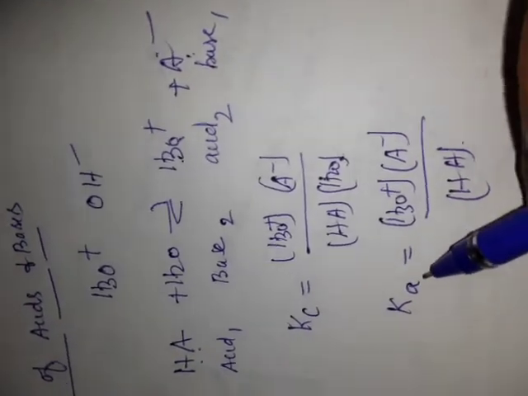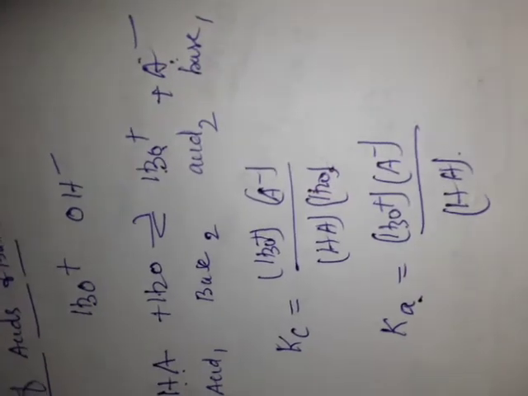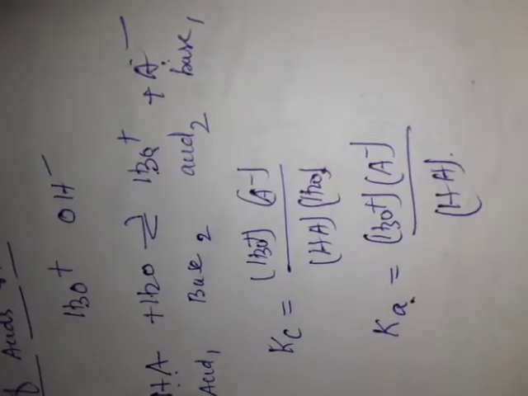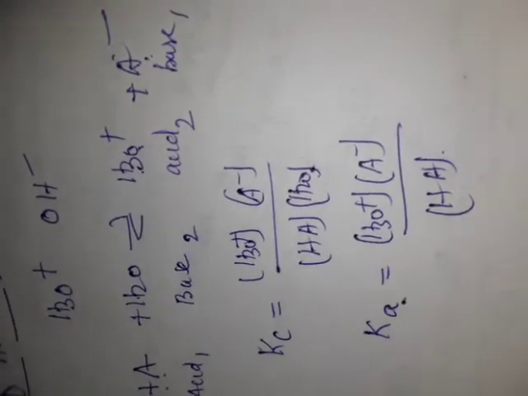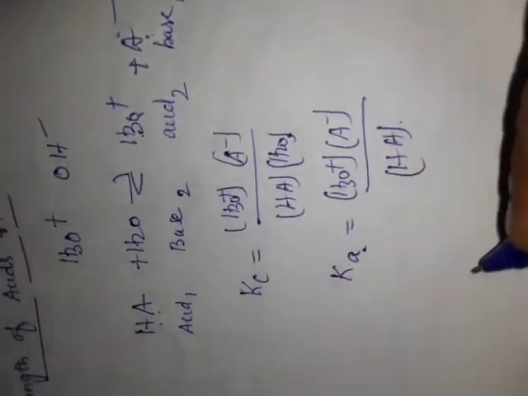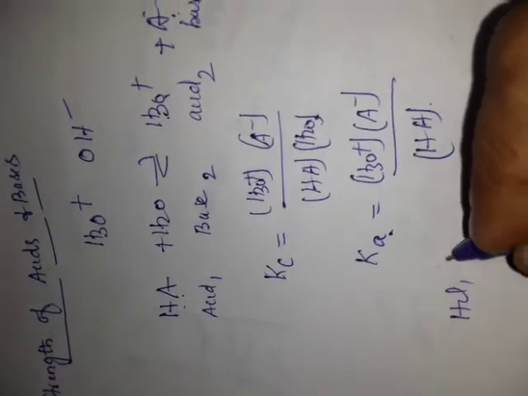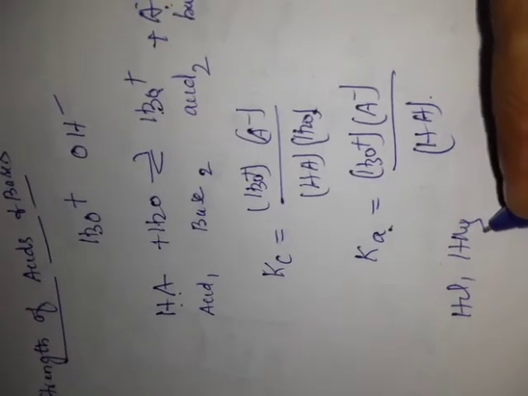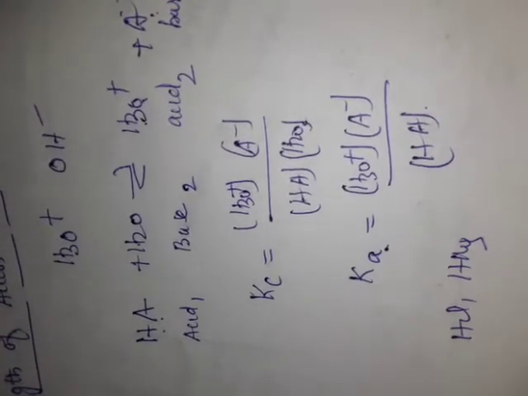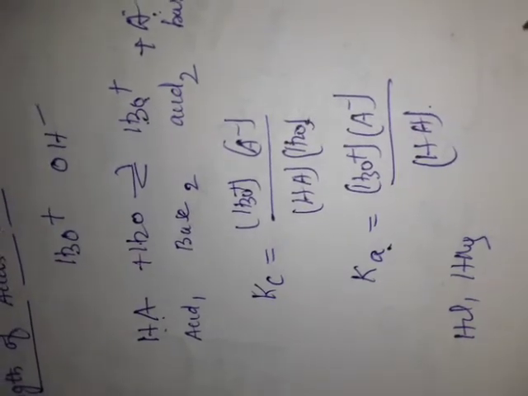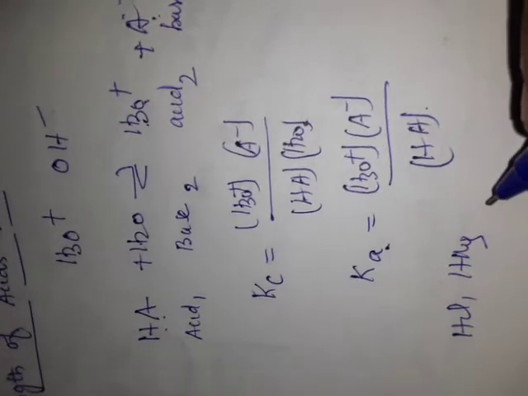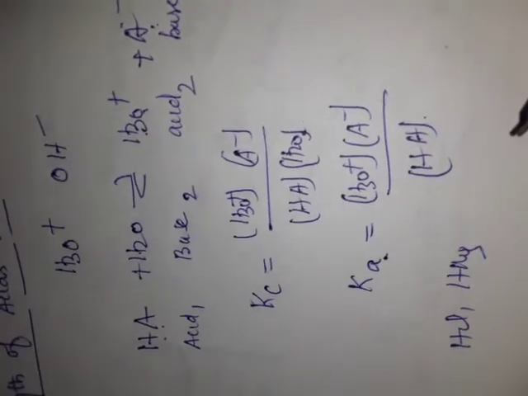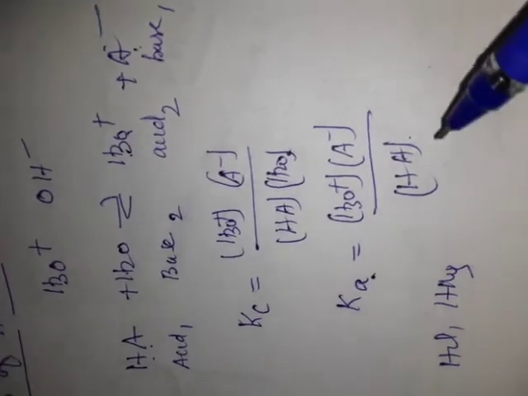Ka is called the ionization constant of the acid or the dissociation constant of the acid. It measures the strength of the acid. Acids such as HCl and HNO3 are completely ionized, so they have a high Ka value, and they act as strong acids.